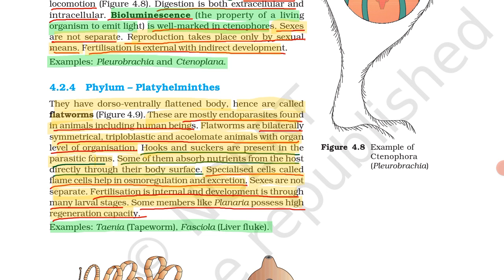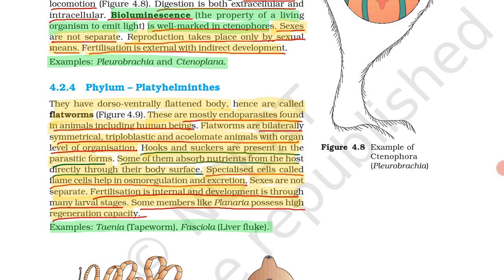What does regeneration mean? Whenever we cut the planaria body into pieces, a single piece develops into a whole planaria. If we cut planaria into 10 segments, each segment has the ability to form a whole planaria.